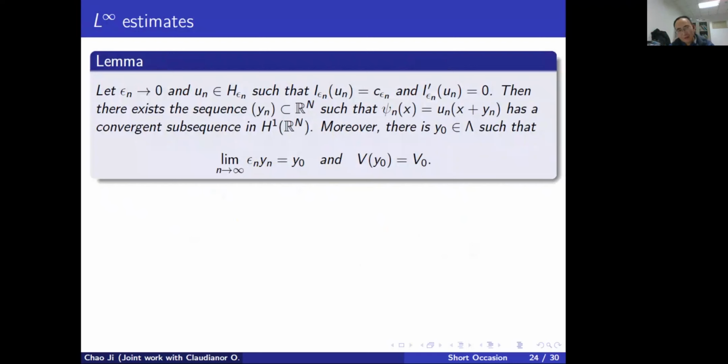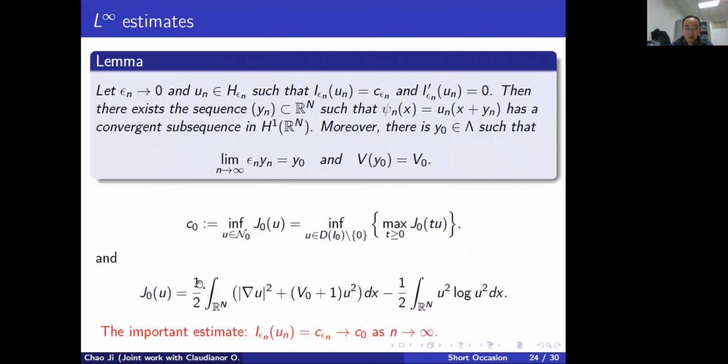The second step is to prove the solution of the modified problem is a solution of the original problem. So we need to do some L infinity estimation. In fact, we need to do multiple iteration. It's a normal scale.